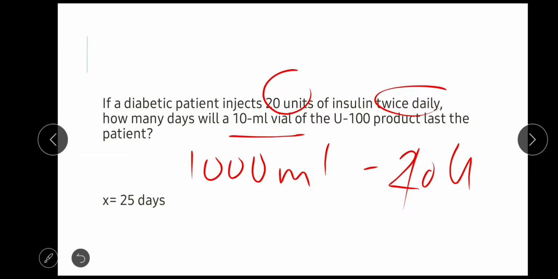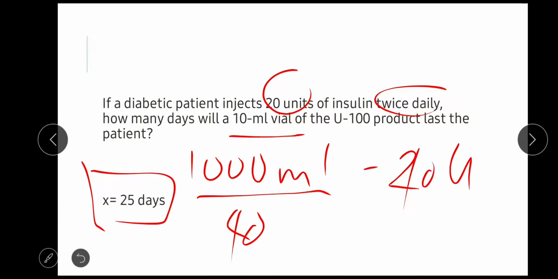So we just do 1,000 divide by 40, which is equal to 25 days. That is what the problem is looking for.